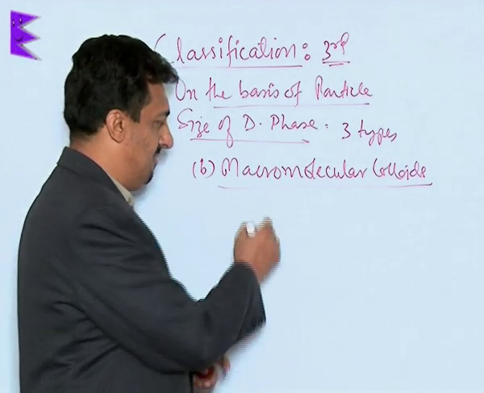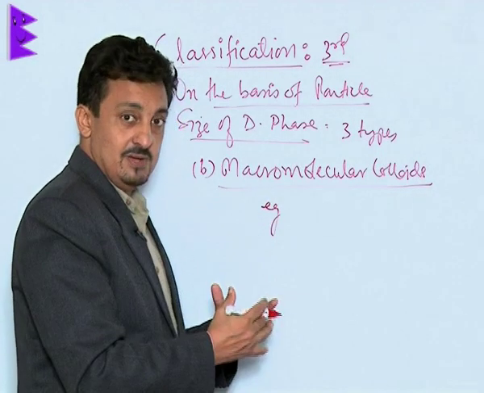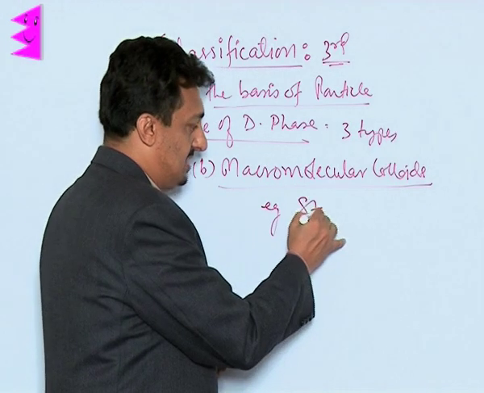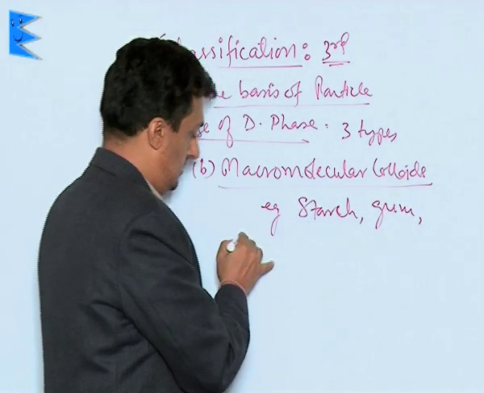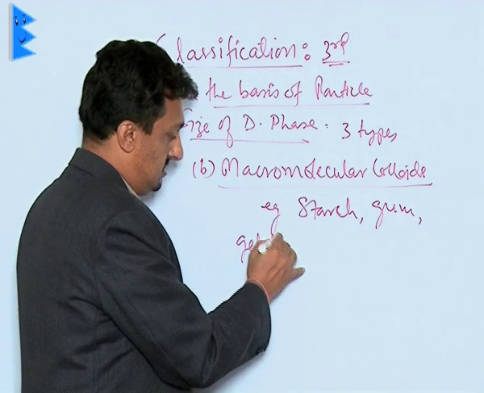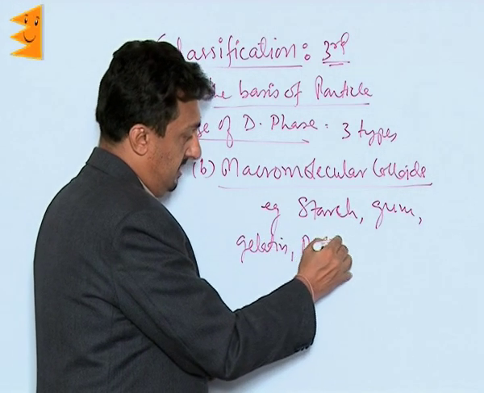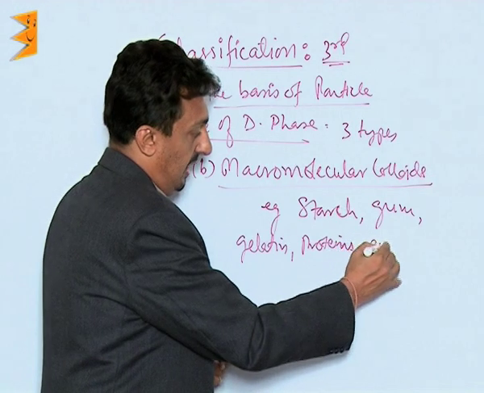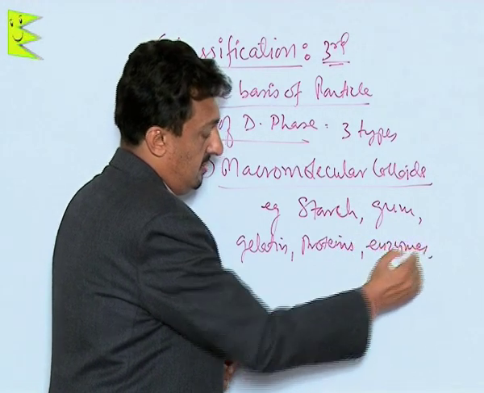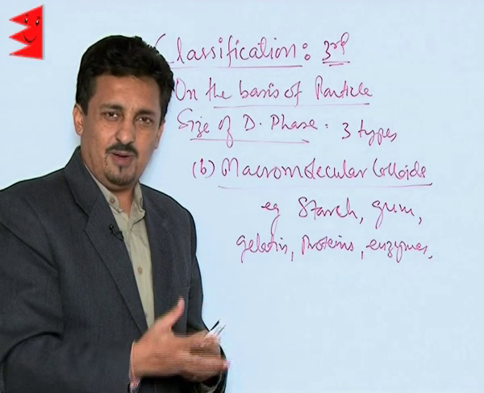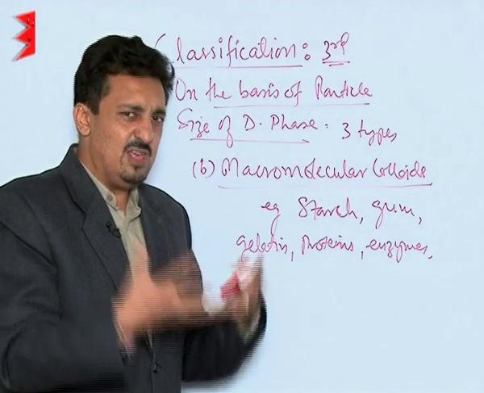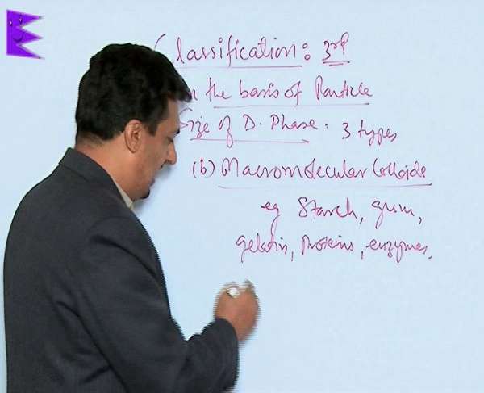And the best examples of these are your polymers, mainly starch, gum, gelatin, proteins, enzymes. We can have polythene, polypropylene, all these. See, the molecules already are very large.